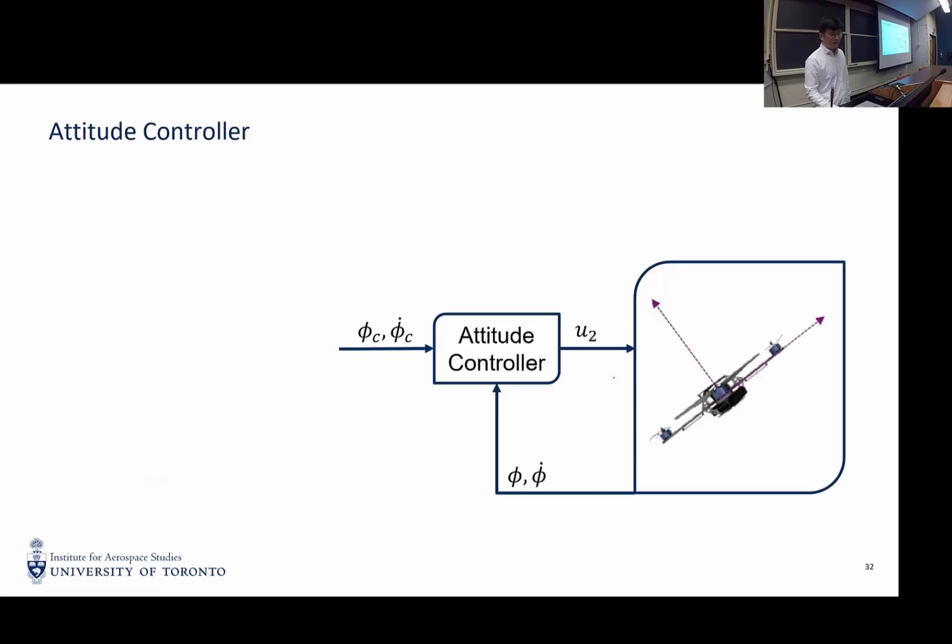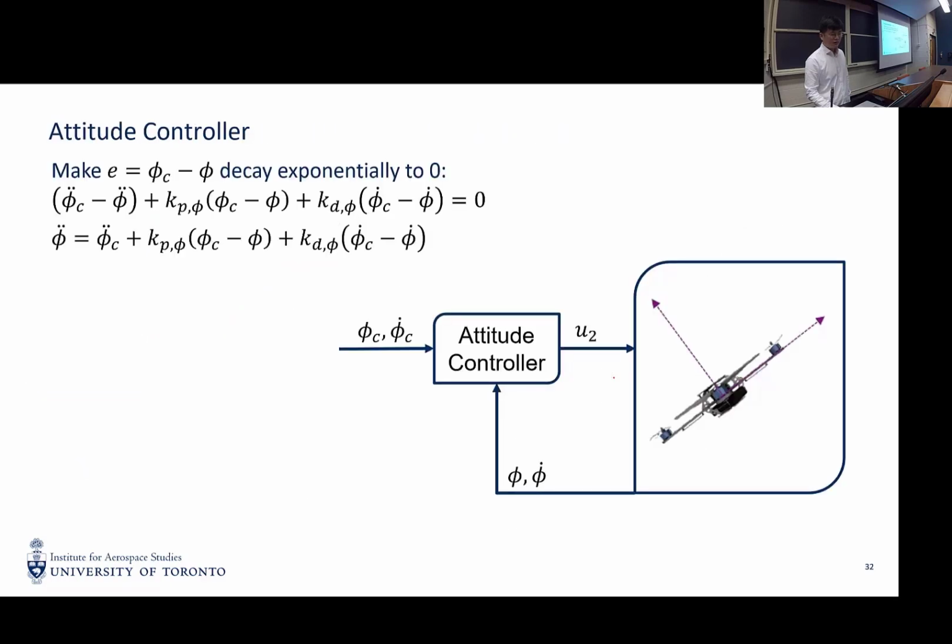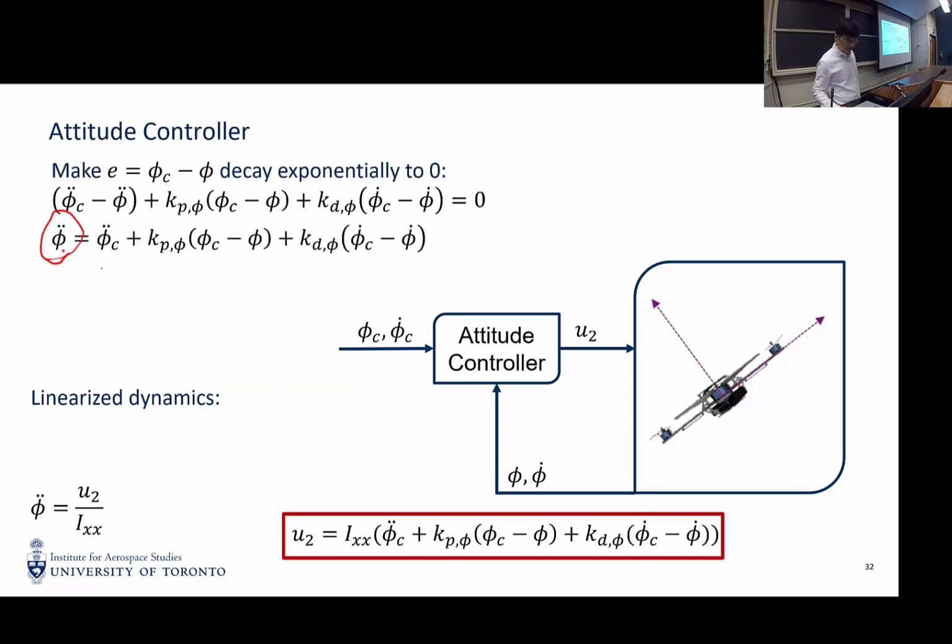So this is a 2D quadrotor. For the attitude channel, we use a PD type controller. So this is phi double dot, the acceleration of phi, and we want the actual phi to converge to our commanded phi.